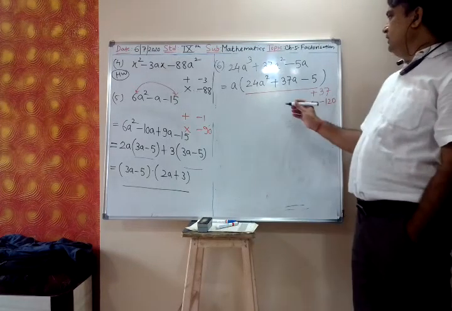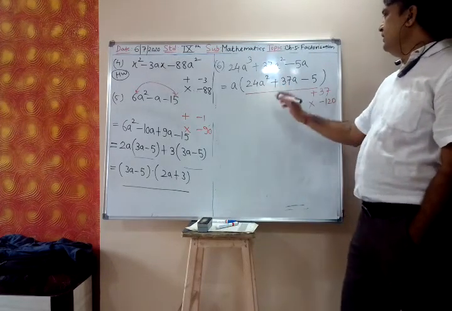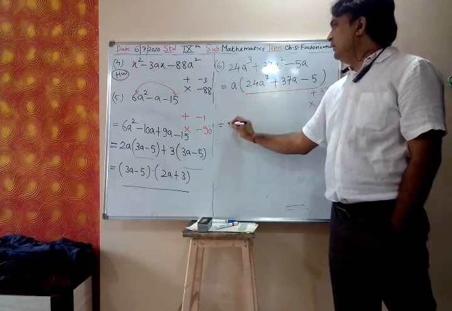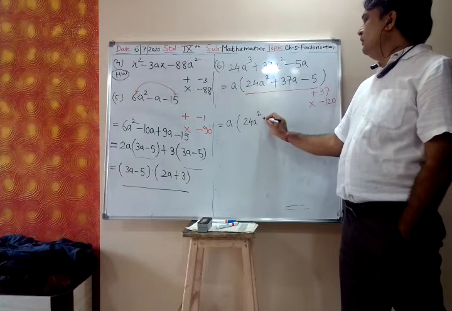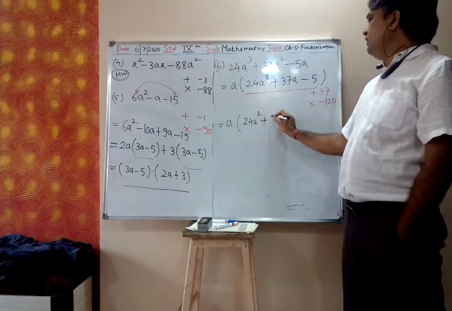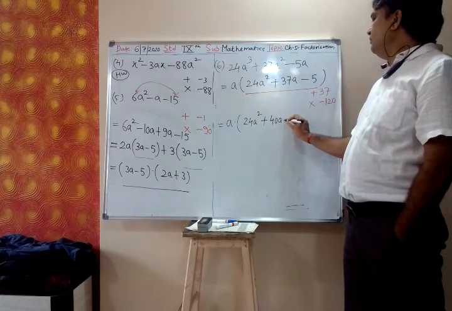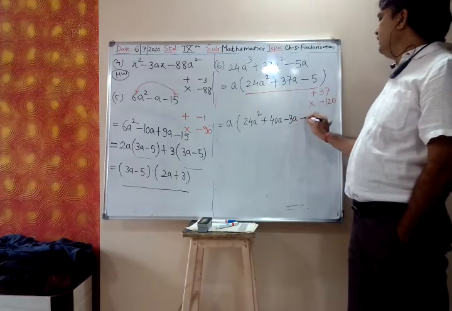What are those two numbers? Yes, 40 and 3. So I will write this as plus 40 minus 3. So this is a into 24a square plus 40a minus 3a minus 5.